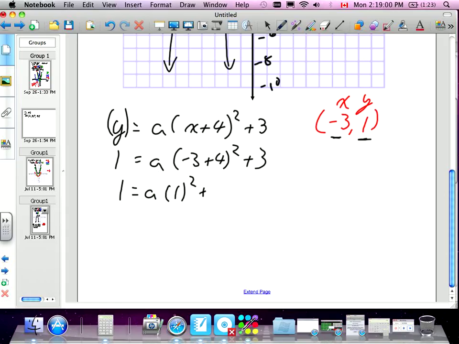What is 1 squared? 1, so 1 times a is 1a plus 3. 1a is just a plus 3. And I need to move the 3 to the other side of the equation. So 1 subtract 3 is equal to a. That's an a, not a 9.